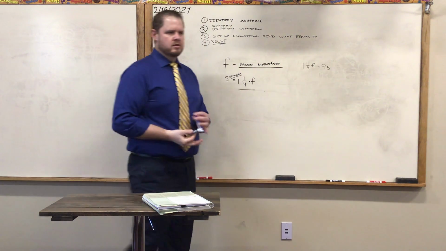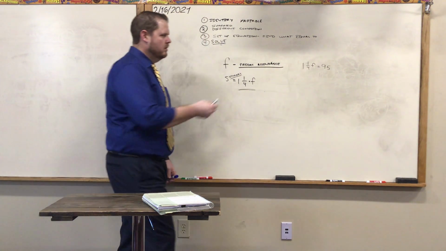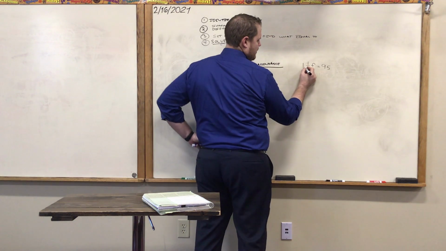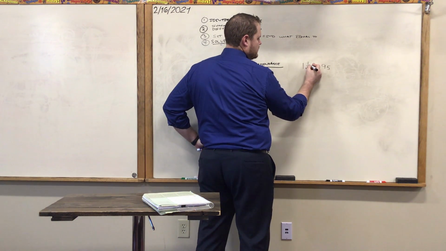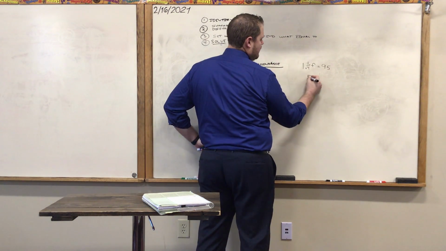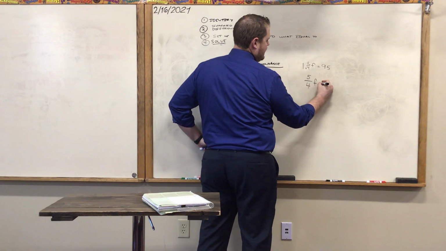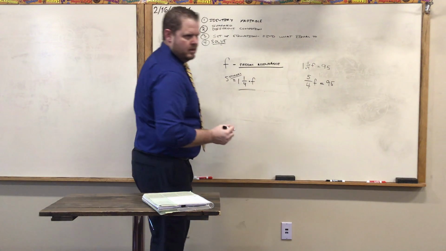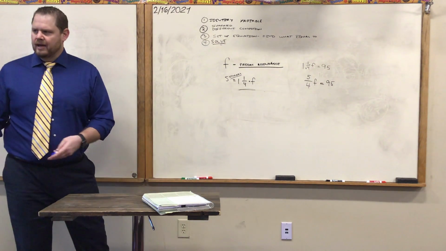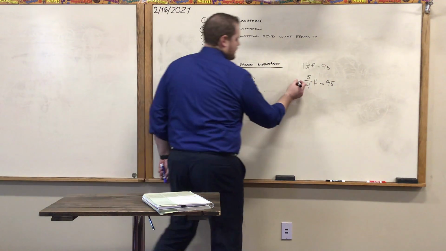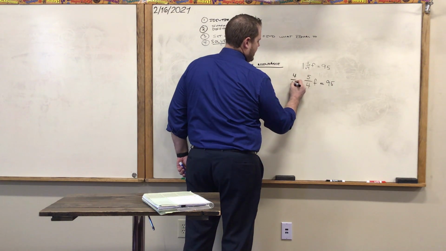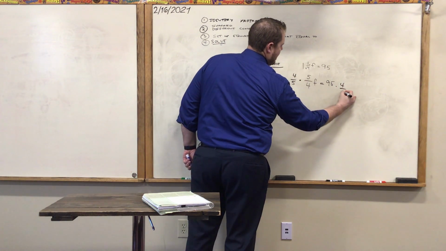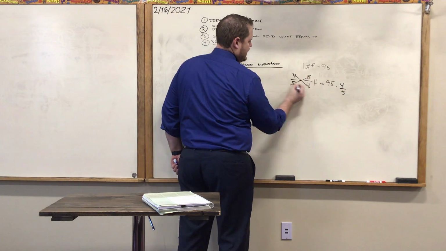Okay, so now what do we do? Well, we need to make a mixed number into an improper fraction. So 1 times 4 plus 1 is going to be 5/4 F equals 95. Now how do I solve this? I've got to multiply by the inverse, right? So what's the inverse? 4/5, 4/5. These cancel, right?